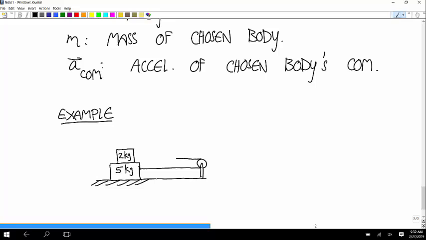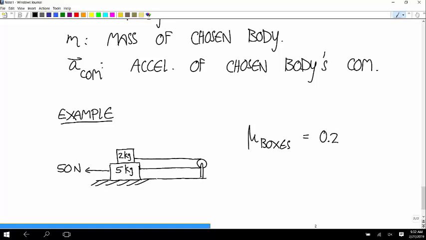And it's connected to the other end of the cable as it goes over a pulley. And let's say that you apply a 50 Newton force to the 5 kilogram box. And let's say there's a coefficient of friction between the boxes of 0.2.